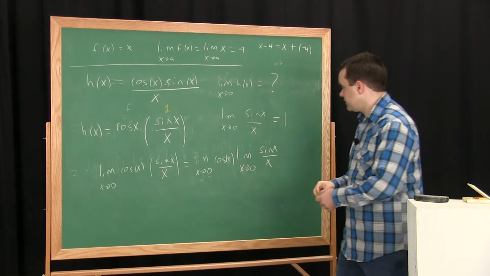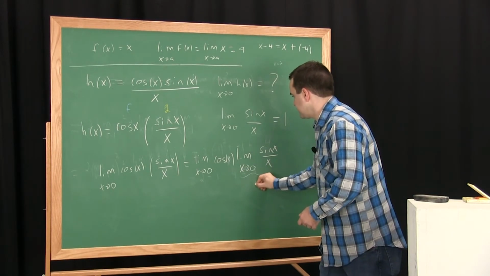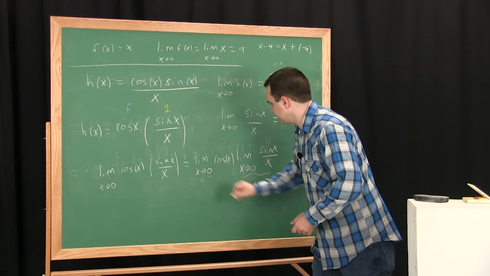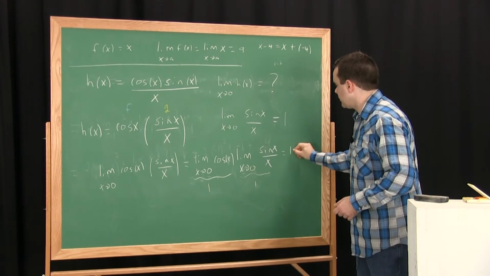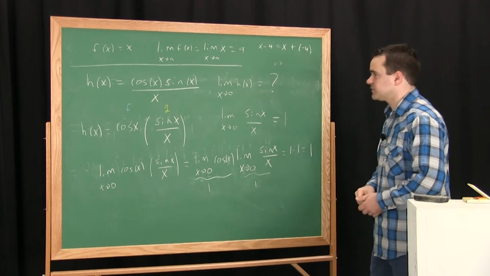And since I know that this one is equal to 1, and this one is equal to 1, the answer has to be nothing but 1 times 1 equals 1.